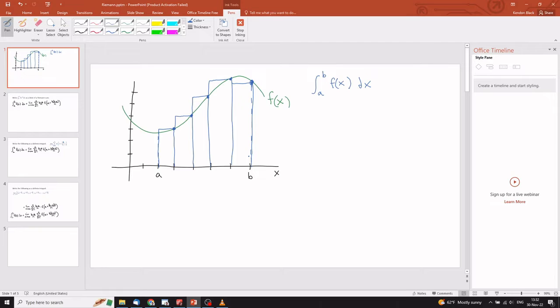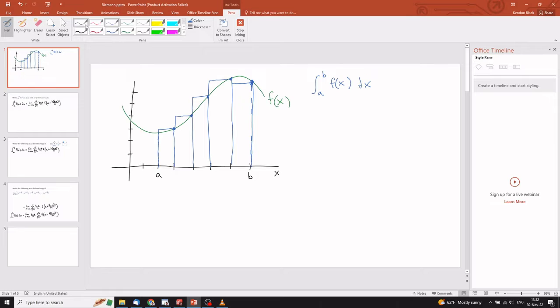And if we take the limit as the number of rectangles goes to infinity, then we get the exact area between the curve and the x-axis, which will give us the same answer as if we evaluate the definite integral.